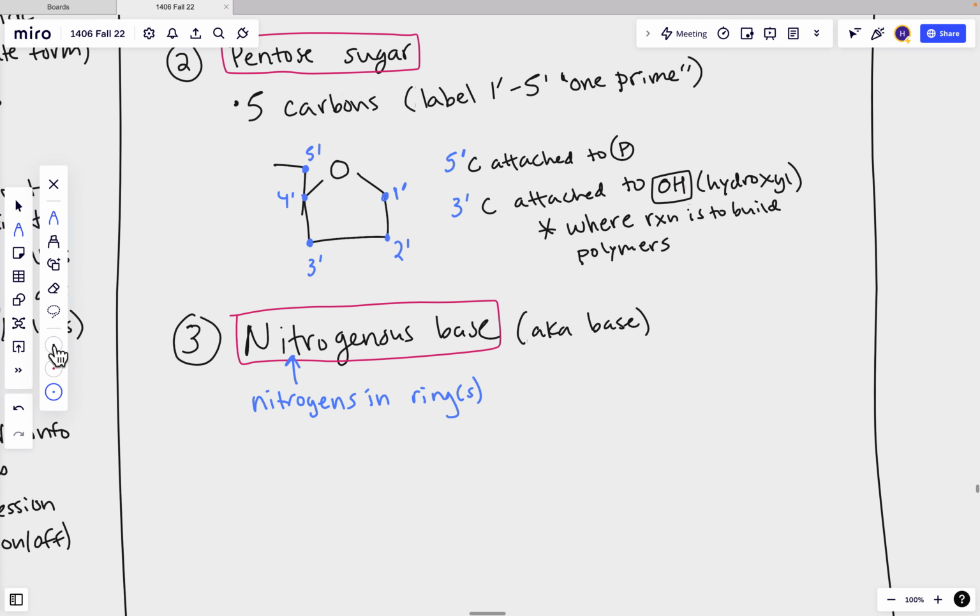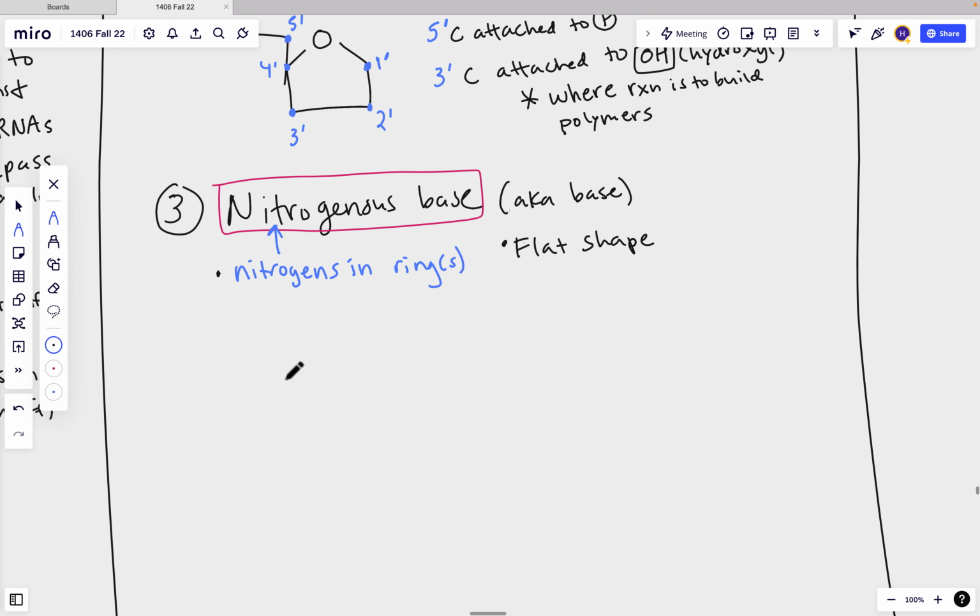And these are flat shape, which is important because that structure allows DNA and RNA to have different functions or be able to interact with planar molecules, like flat molecules.